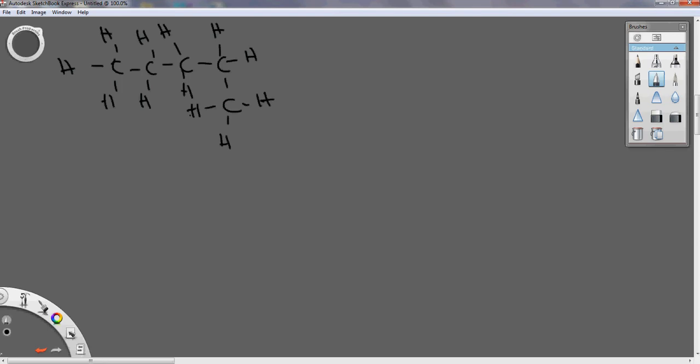Alright, so hopefully you guys came up with the answer. Hopefully you guys have a good understanding of the rules I've been writing down. So let's start counting. Well, no, first let's find the longest path. It looks like there's only one path in this compound. So let's number them.